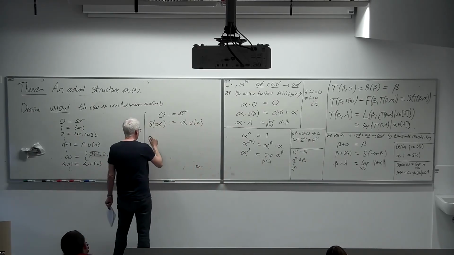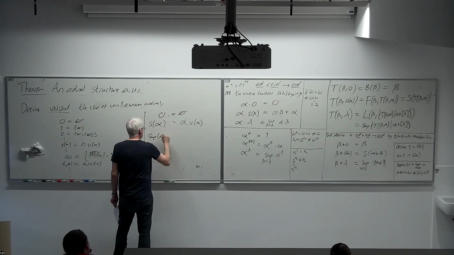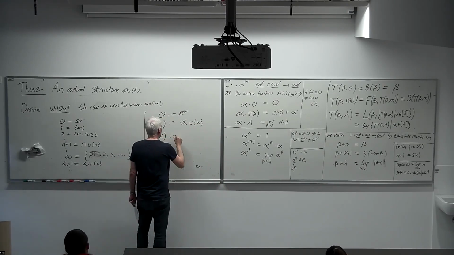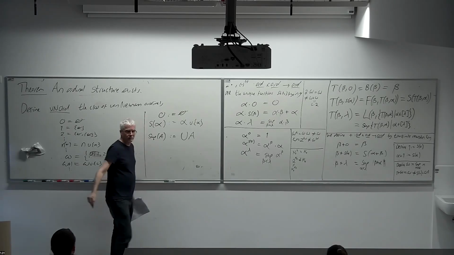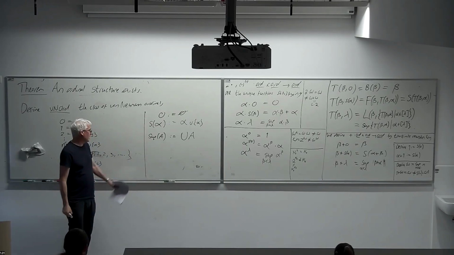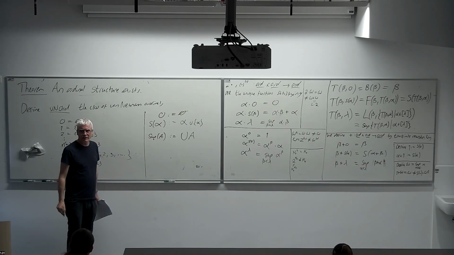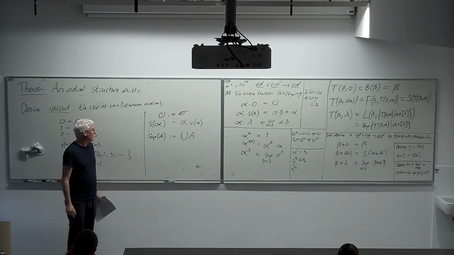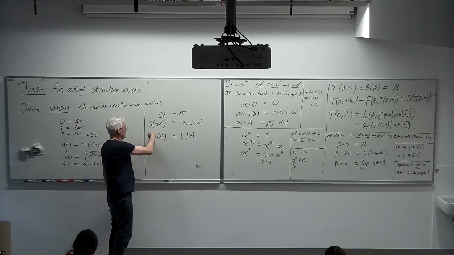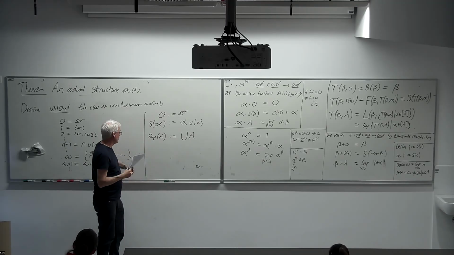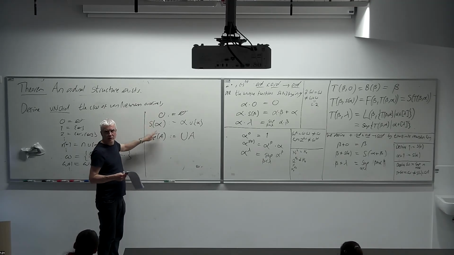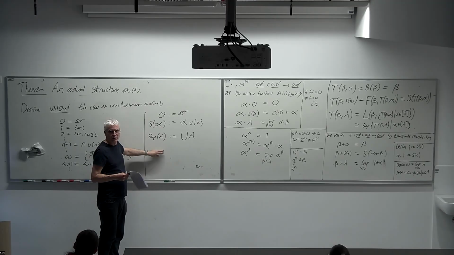And the supremum of a set A of ordinals is just defined to be the union of the set A. So just collect all the elements of all the sets in A.